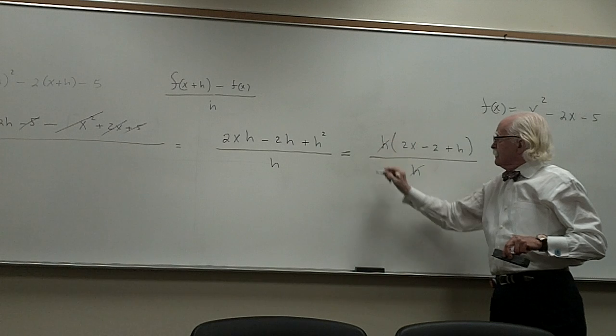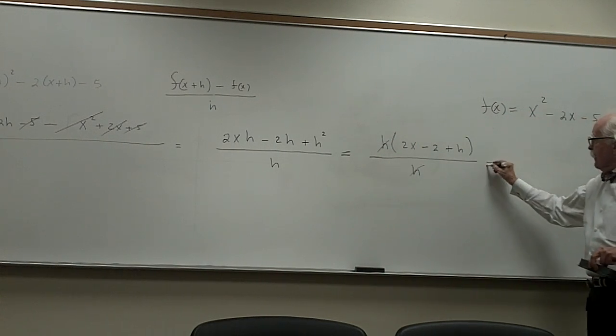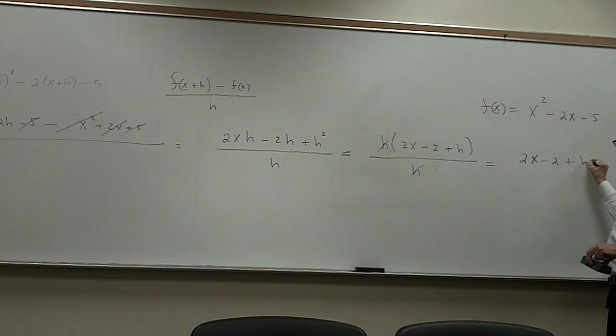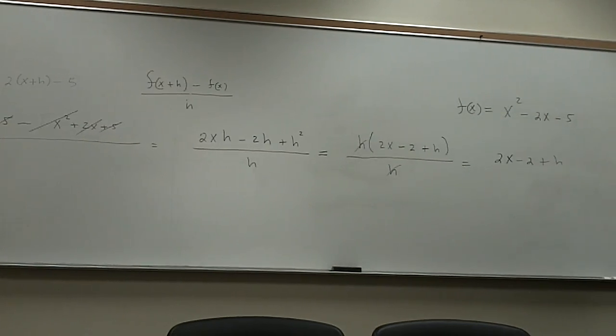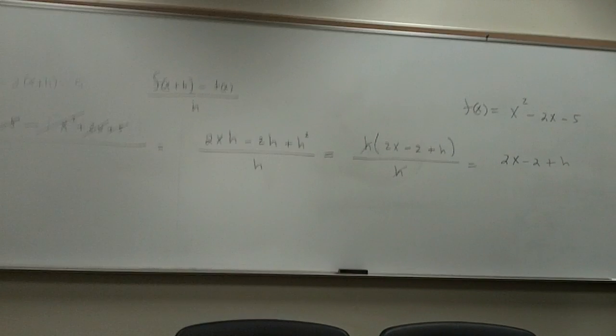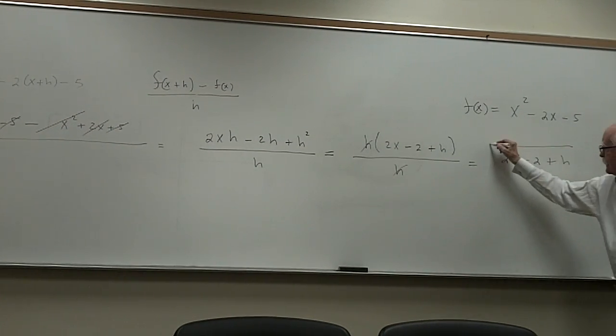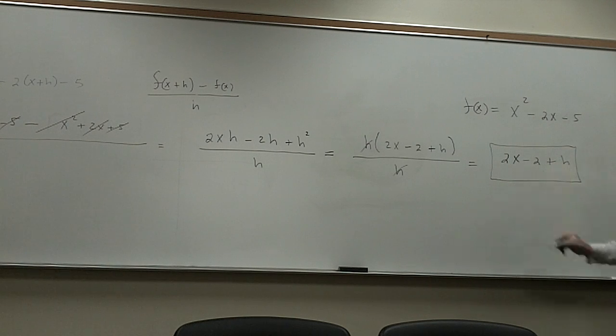Therefore, I can now cancel this, and now you have this 2x minus 2 plus h. Now what you actually have is this with this part right here.